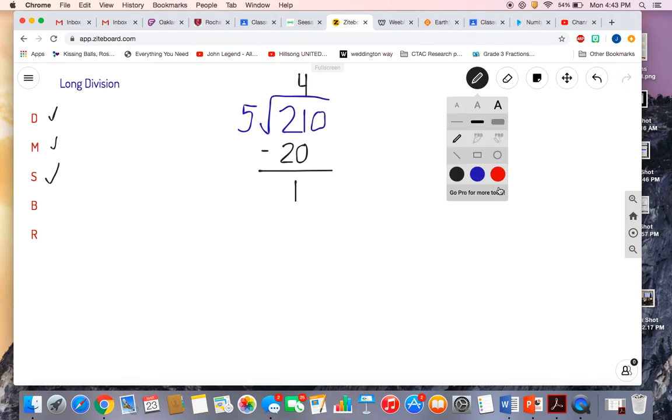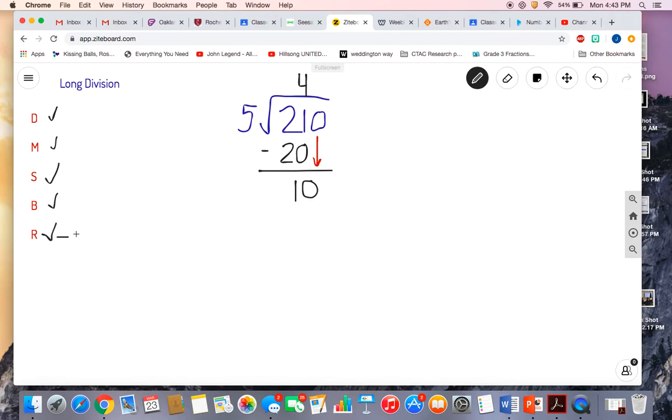I need to bring down my next digit, which is 0. And when I get to this point, I have to repeat.